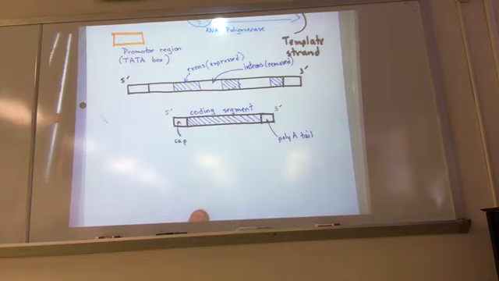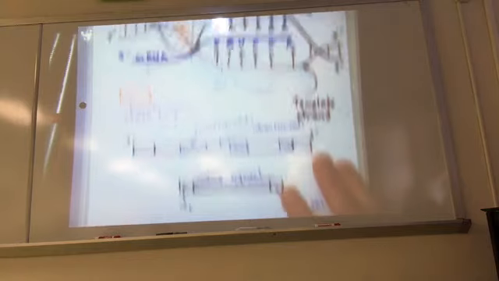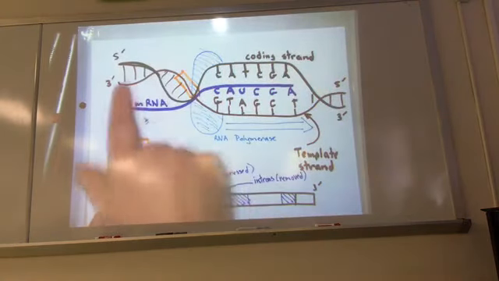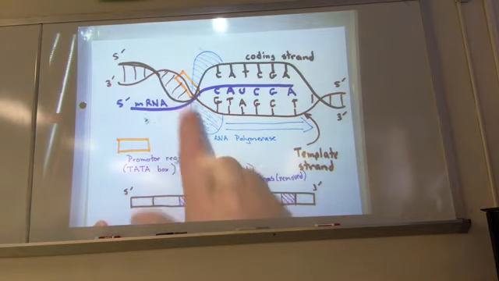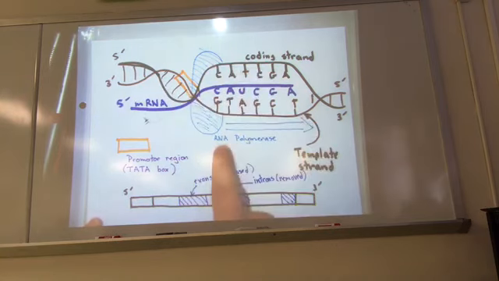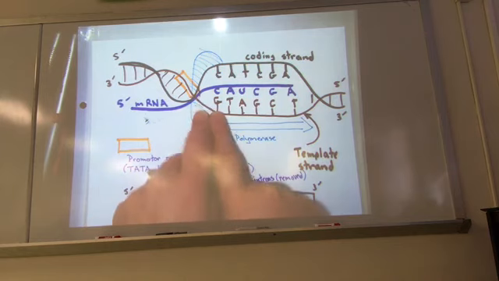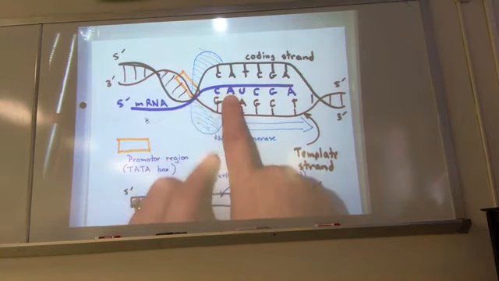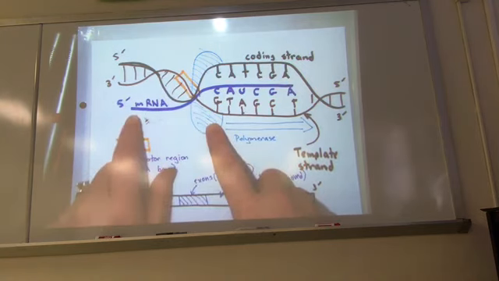Okay, let's review what we've talked about in this drawing, which actually goes over the steps. If we start from the top, we have our double helix of DNA. The template strand contains a promoter region, which is recognized by RNA polymerase. RNA polymerase unwinds and unzips and adds the nucleotides for the RNA, starting with the 5' end first.